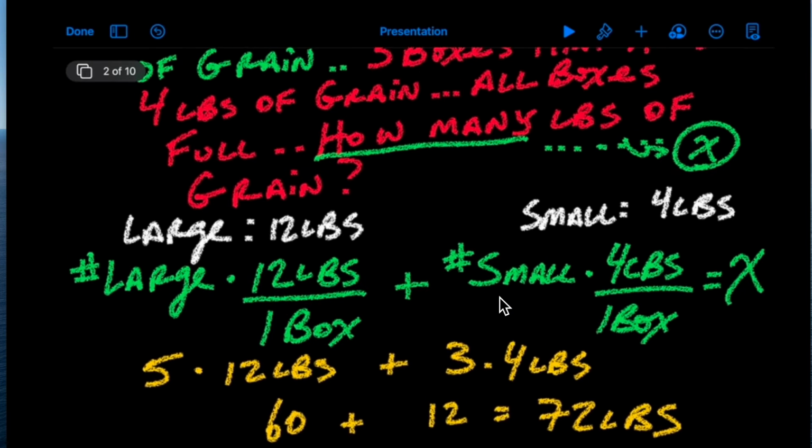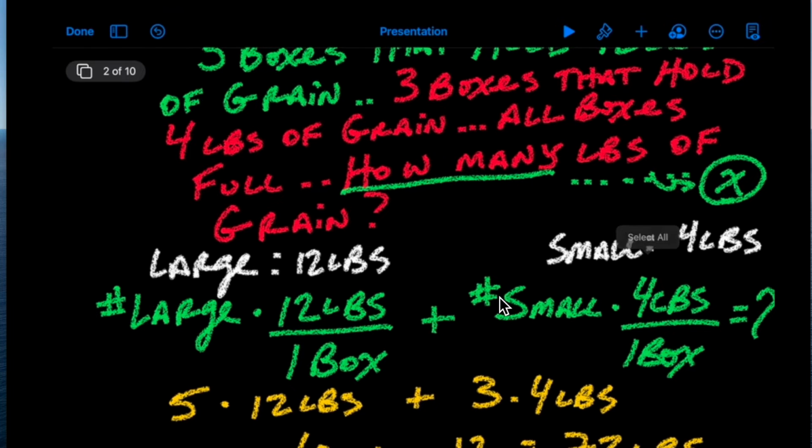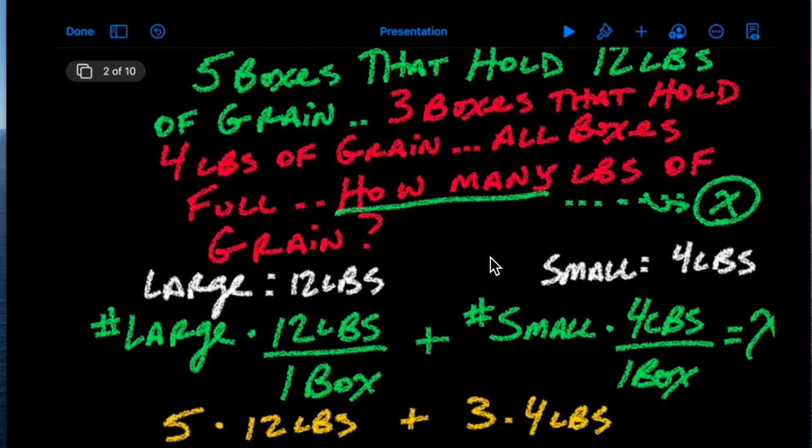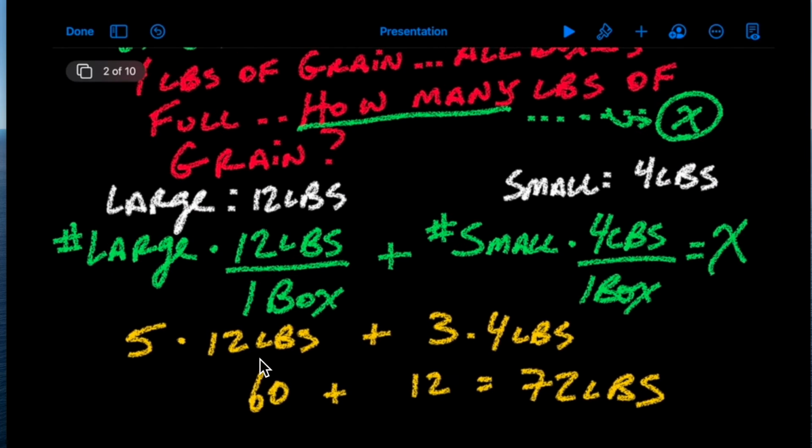So when you're doing these container problems, there's 2 issues going on. There is the number of pounds that each box holds and the number of those boxes. That's how you determine the total contribution of each type of box, the large and the small, and then you add them to get the total weight.